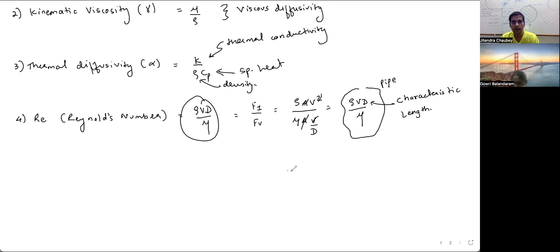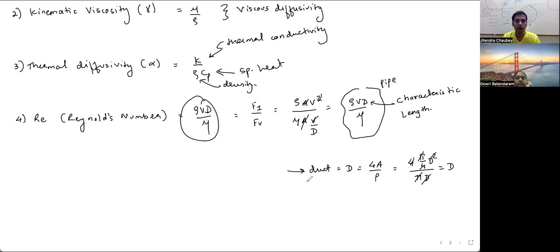Like if it is a duct, in that case, diameter becomes 4A by P. Like if you try to make a formula for a pipe, A, the cross section area of pipe, is pi by 4 D square, and perimeter of pipe is pi D. You can see that pi gets cancelled out, 4 gets cancelled out, D gets cancelled, and only D is left.